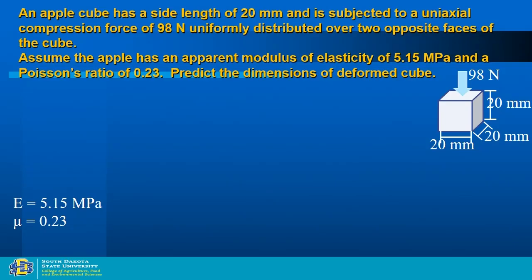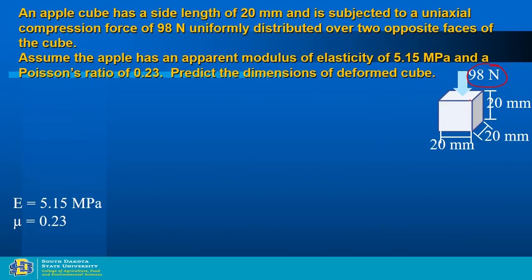Now we have an example: an apple cube has a side length of 20 millimeter and is subject to a uniaxial compression force of 98 Newton, uniformly distributed over two opposite faces of the cube. I am not sure how it happens, but it's a hypothetical case, right? When you compress a sample, the 98 Newton gets distributed uniformly over two opposite faces of the cube.